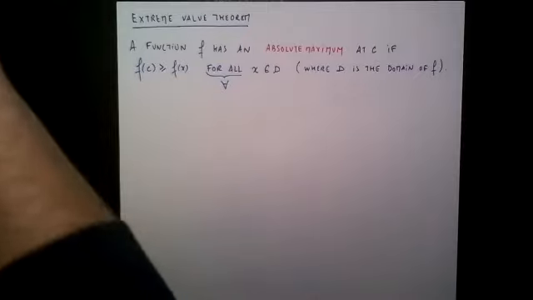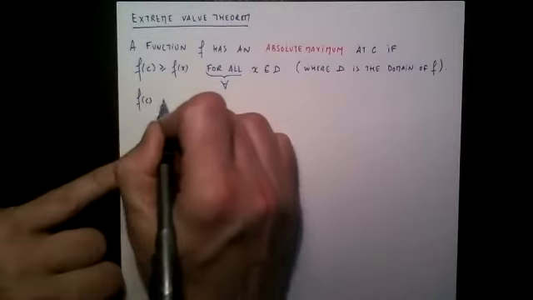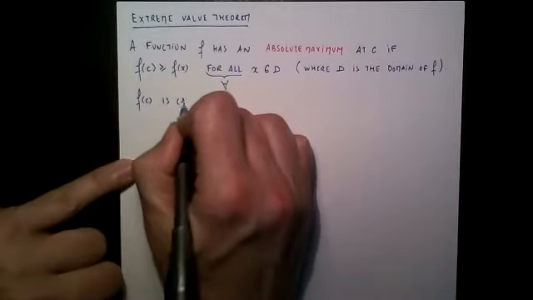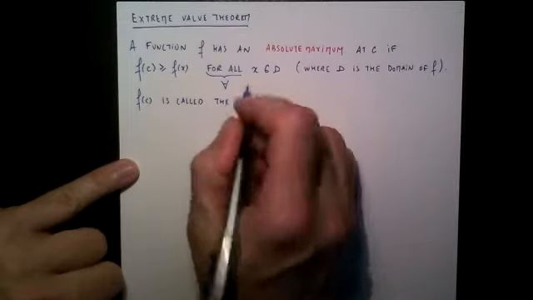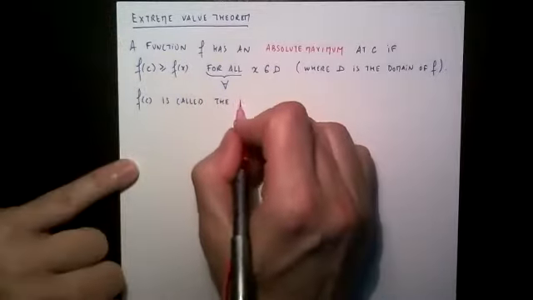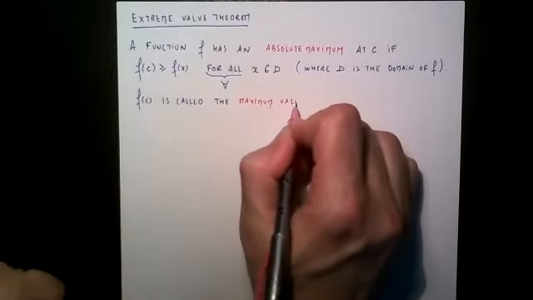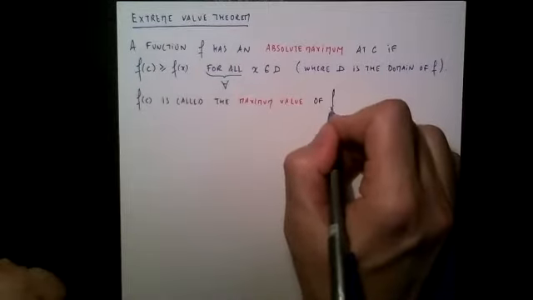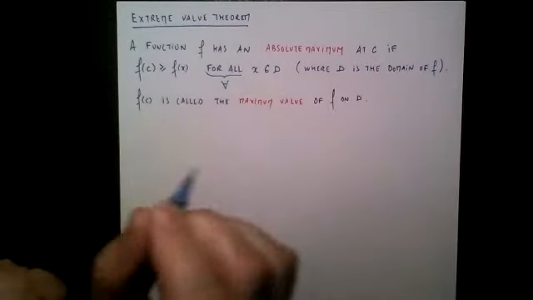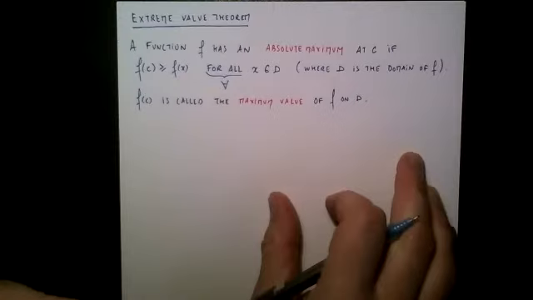Okay, so let me just write this down. f of c is called the maximum value of f on D. Okay, so I'm going to make a little diagram after so you're going to understand.